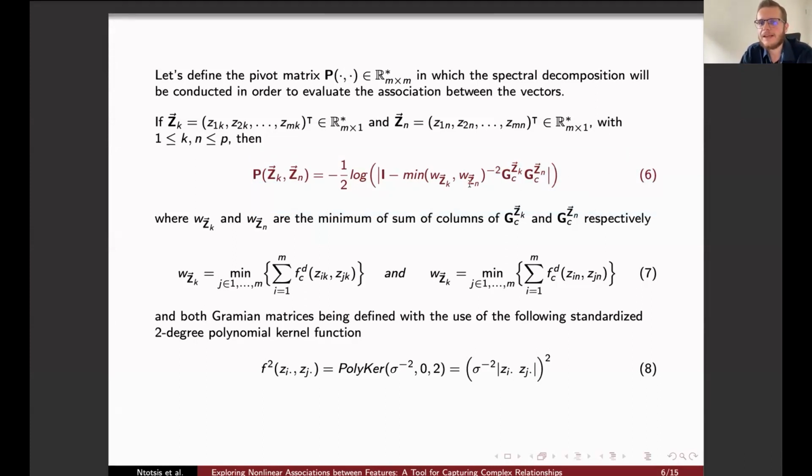Basically, this equation that Gretton et al. proposed is used to calculate the centered Gram matrix. We're using a standardized polynomial kernel, and they used the linear kernel. In the paper that we have under review at this point, we have simulations from other kernel functions too, but we end up proposing the polynomial kernel.